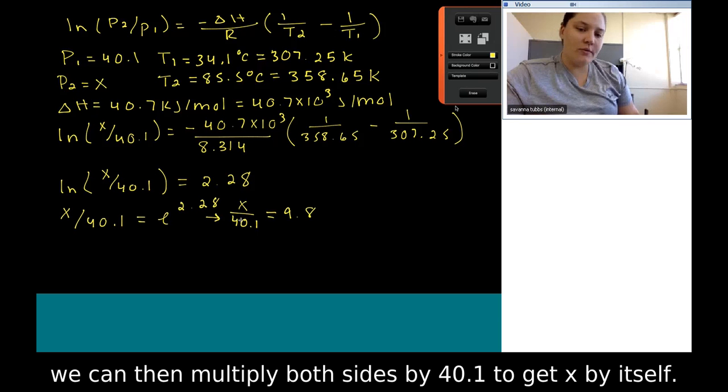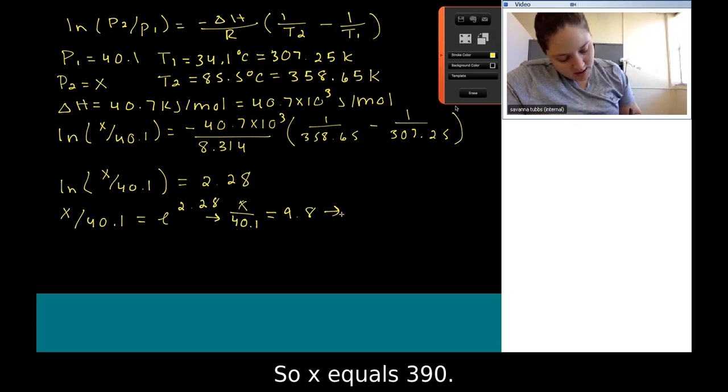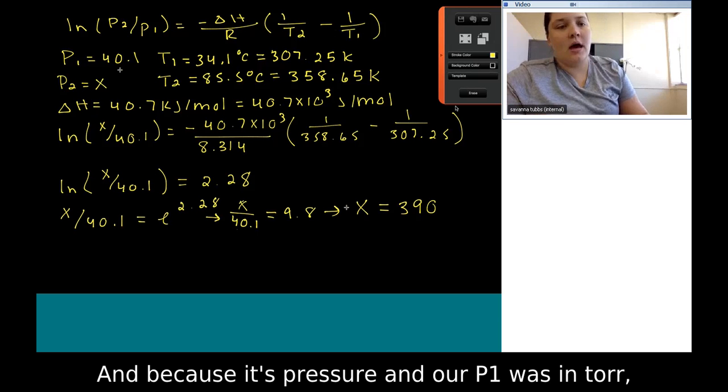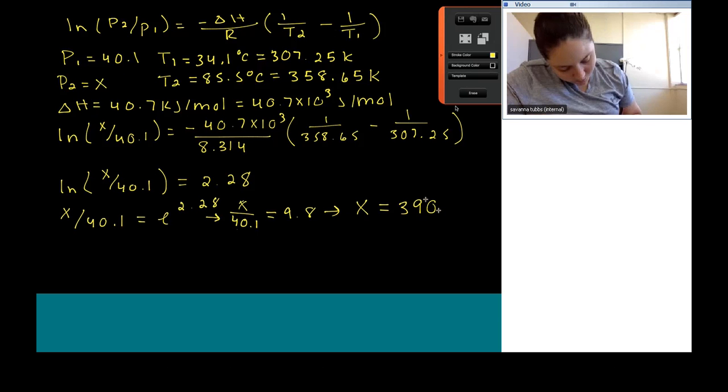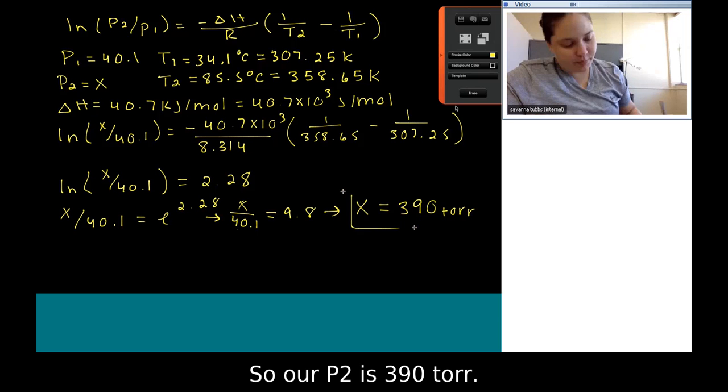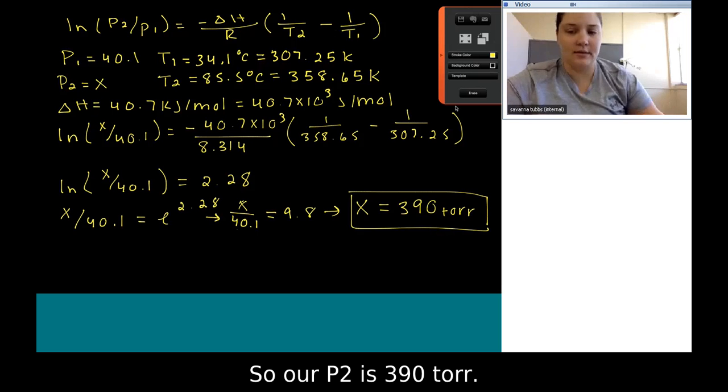We can then multiply both sides by 40.1 to get X by itself. So X equals 390. And because it's pressure and our P1 was in torr, it's 390 torr. So our P2 is 390 torr.